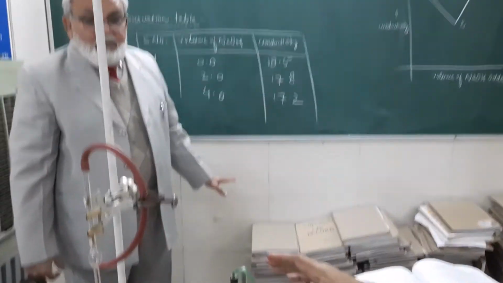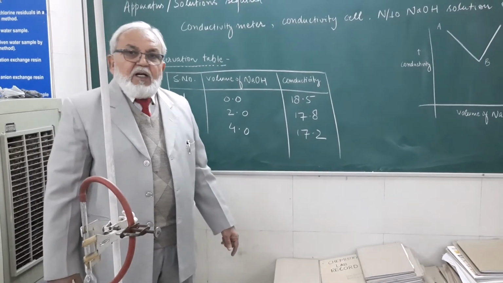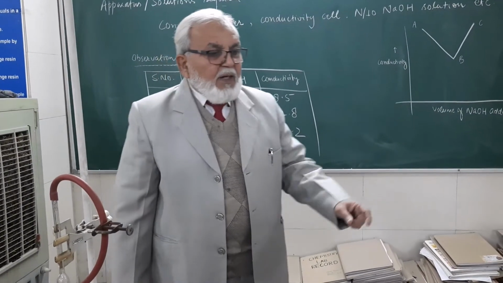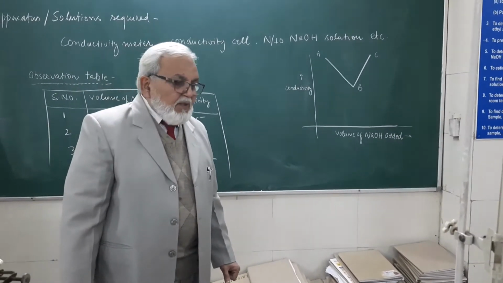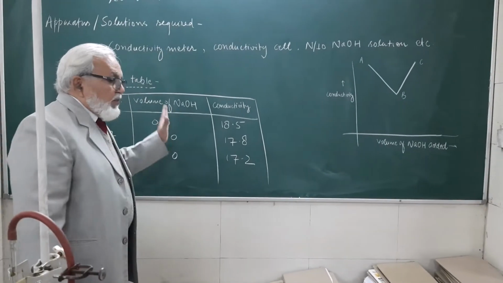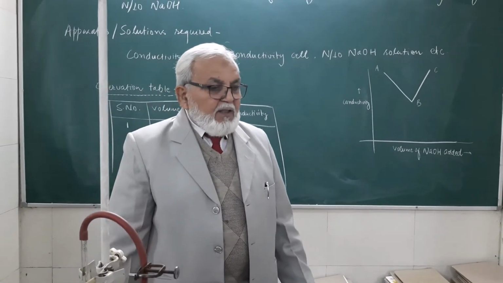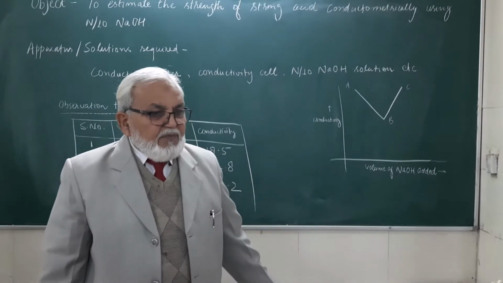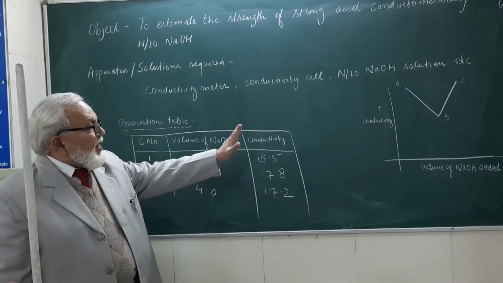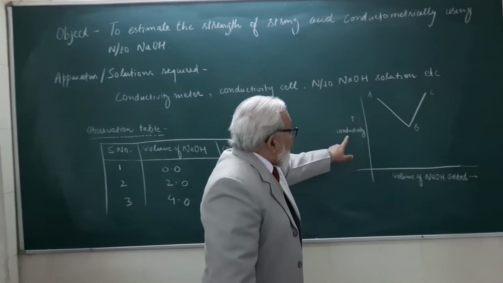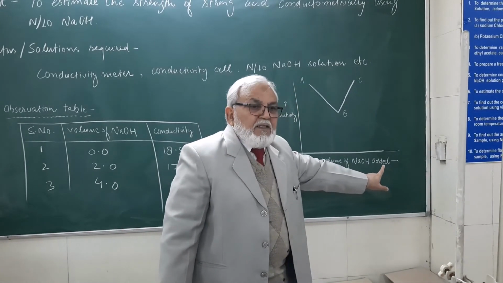Again the reason is the same: the free H+ ions in the solution are being neutralized by OH- ions which are being added from the burette. So note down the volume of NaOH and conductivity of the solution, and by these readings we will make a curve between the conductivity of the solution and volume of NaOH added.